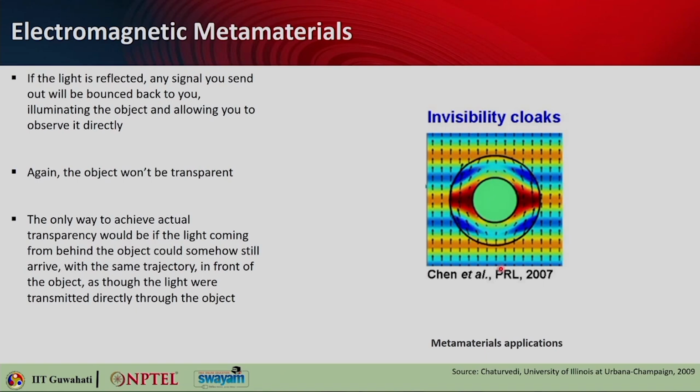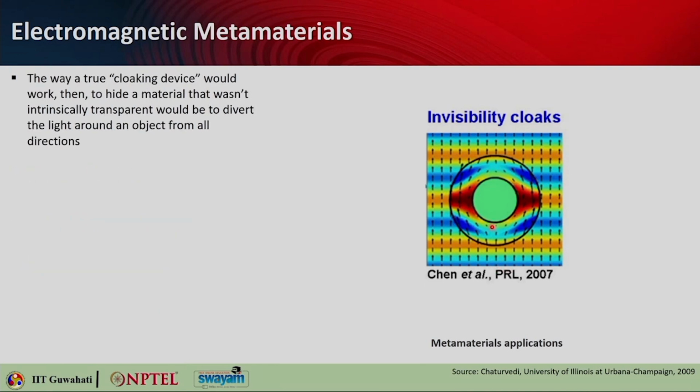This is the metamaterial that is allowing the light rays to bend around it, and after they exit from the metamaterial, they become in the same pattern they were before they entered this particular metamaterial area. That way the observer over here will think that there is nothing disturbing this electromagnetic wave, and that way this object is undetectable. So you can think of a lot of defense kind of applications based on these metamaterials.